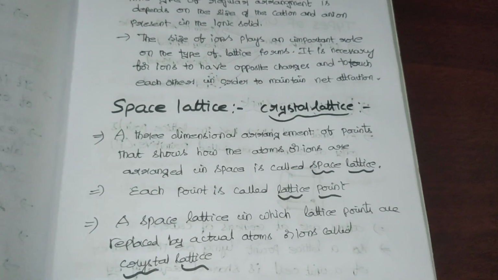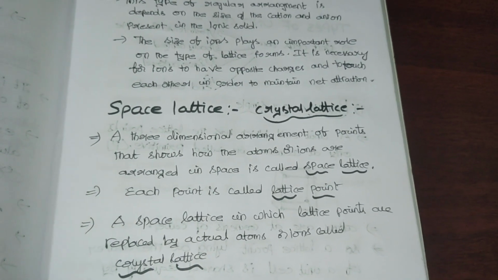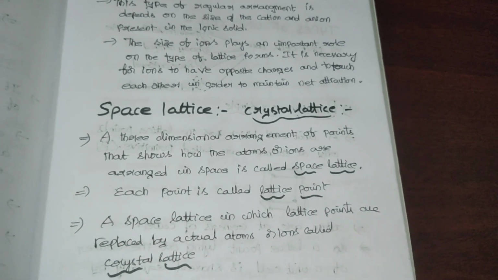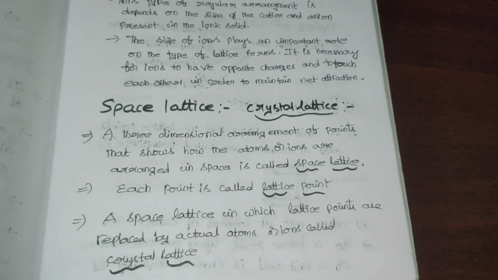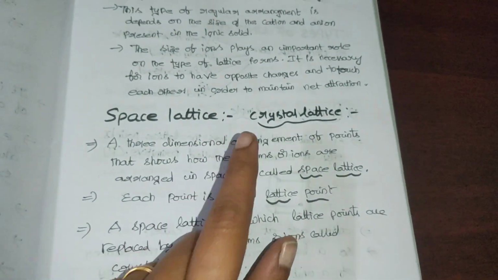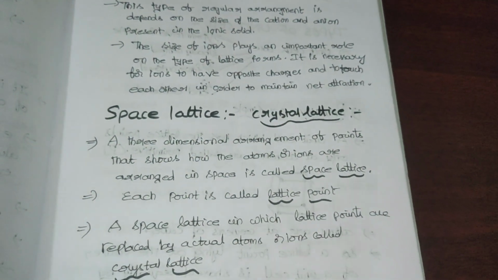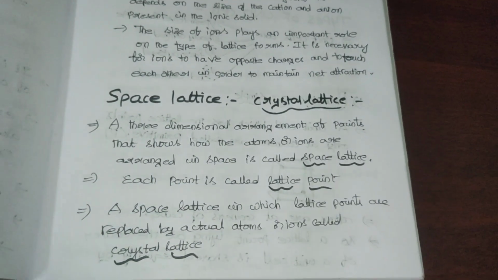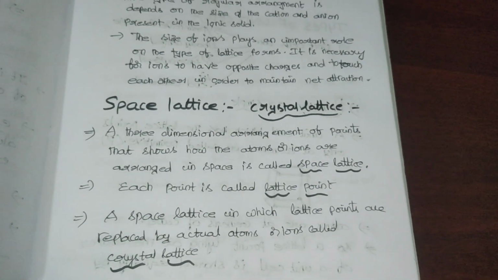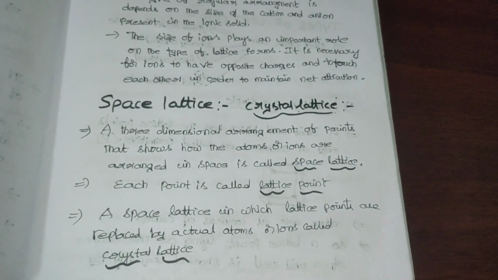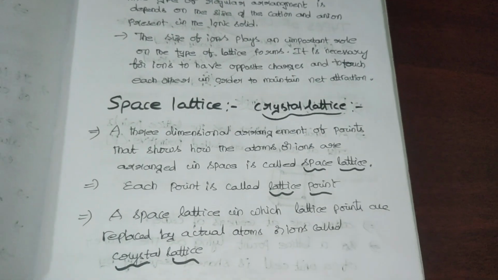When a space lattice has its lattice points replaced by actual atoms or ions, it is called a crystal lattice. So the imaginary three-dimensional arrangement of points is called a space lattice, and the real atoms or ions arranged in the three-dimensional form in the space lattice make the crystal lattice.